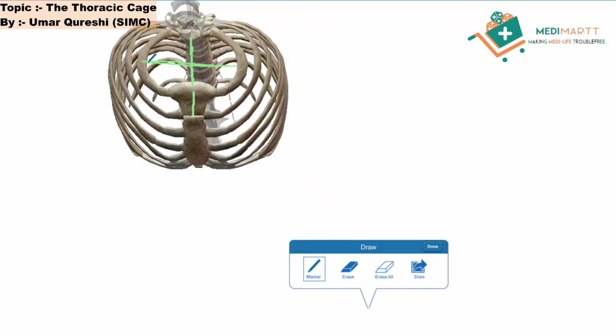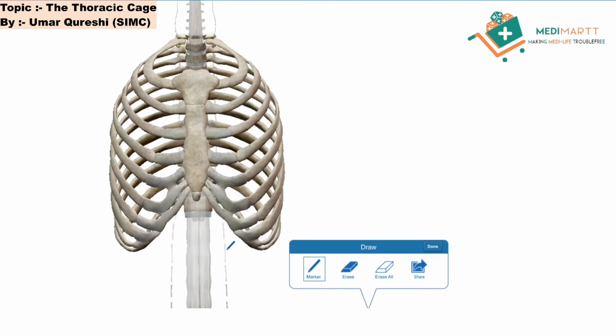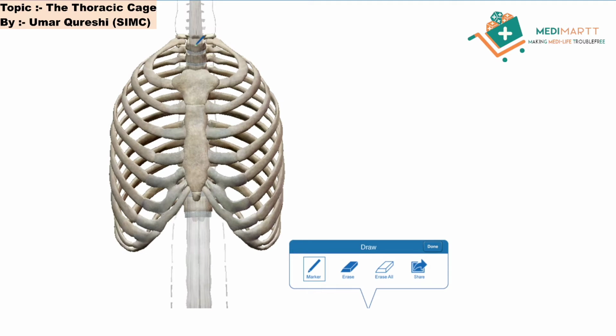The inlet slopes downwards and forwards, bounded behind by the body of the thoracic 1 vertebra. We know that this inlet basically slopes downwards and forwards. It is bounded behind by the thoracic 1 vertebra. This is the thoracic 1 vertebra.